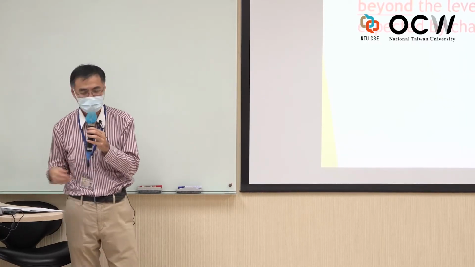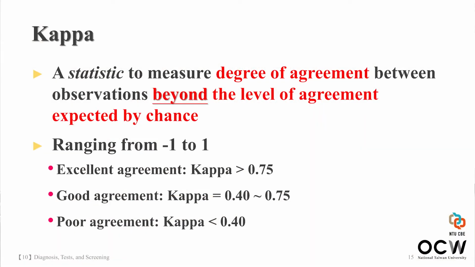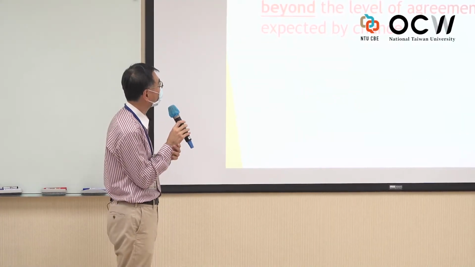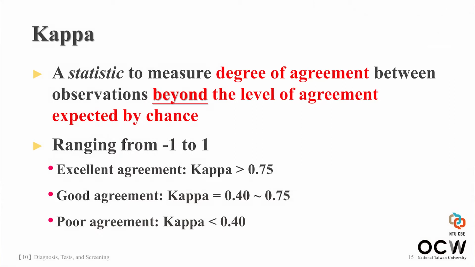So it's kind of a procedure. Just follow me step by step. Kappa is a statistic to measure the degree of agreement between observations, that's why inter-observer reliability, beyond the level of agreement expected by chance. So now we want to get rid of the agreement that happened by chance.